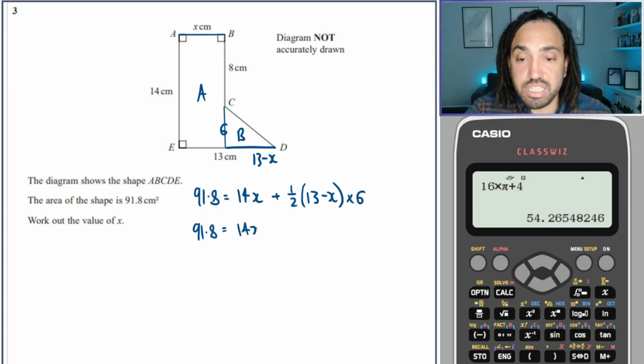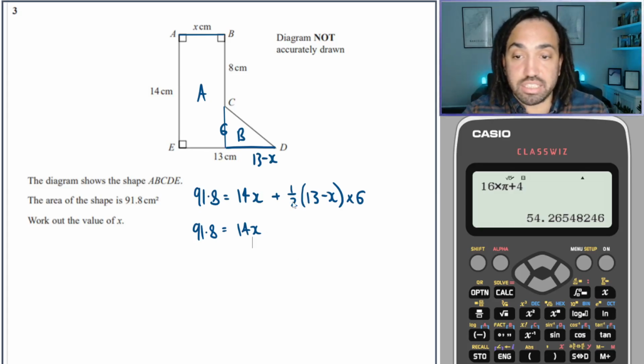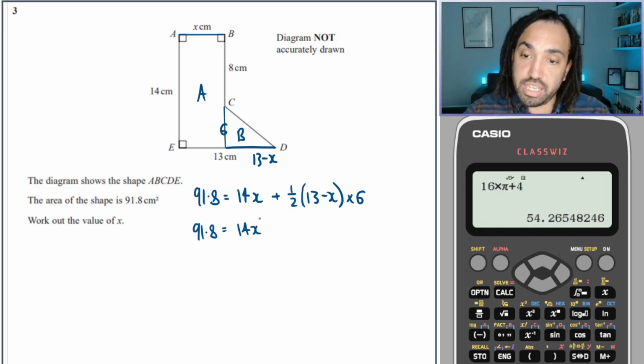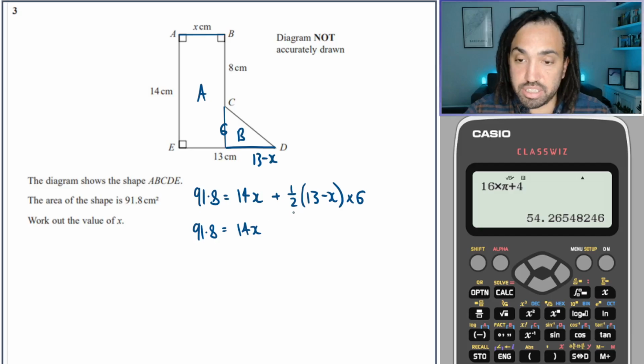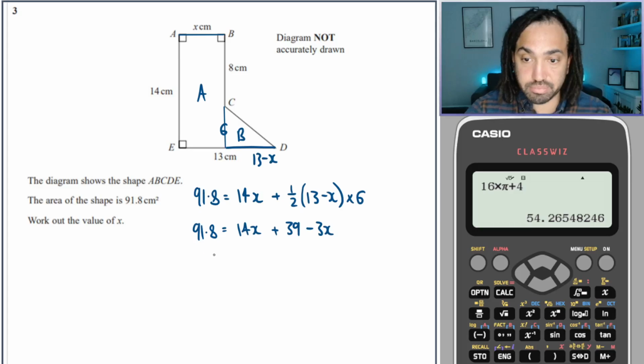So this is 14x, and here we're going to get a half times 13 times 6, which is the same as 13 times 3, which is 39. And here we're going to get a half times minus x times 6, which is the same as minus x times by 3, which is just minus 3x. So 91.8 is actually equal to 11x plus 39.